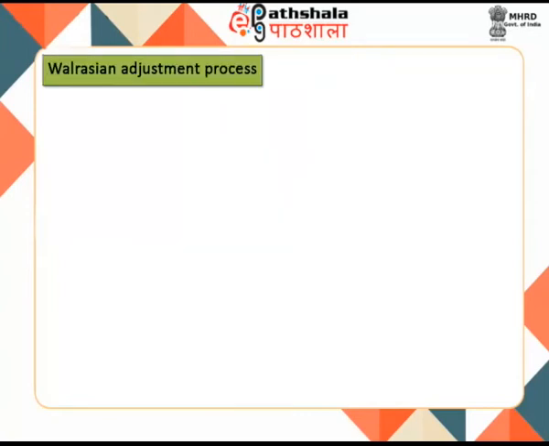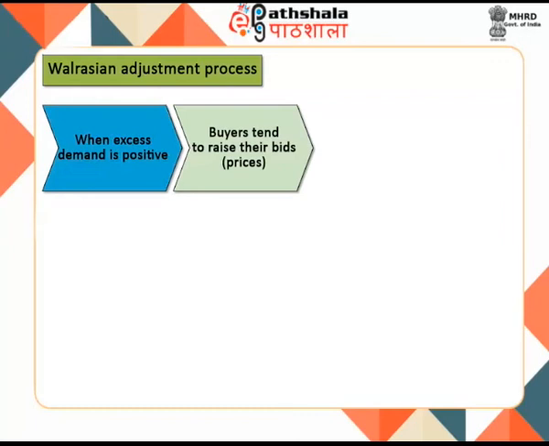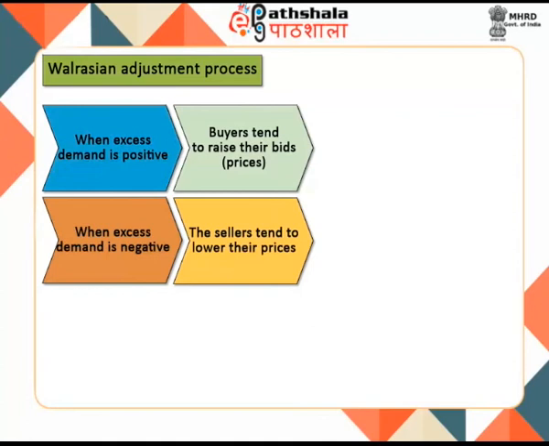Walrasian adjustment process. The Walrasian adjustment process works through price movements. The Walrasian stability condition states that when excess demand is positive, buyers tend to raise their bids, and if negative, the sellers tend to lower their prices.